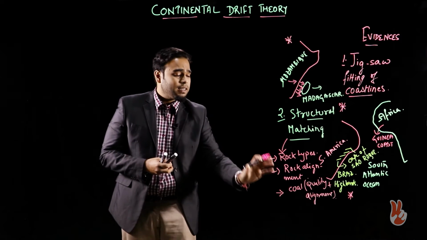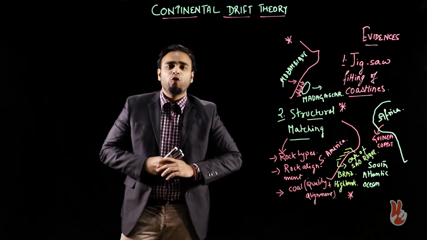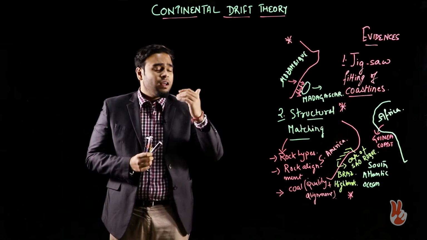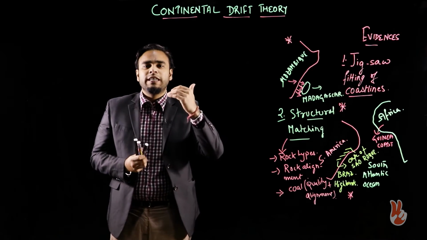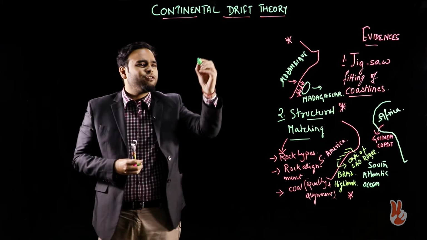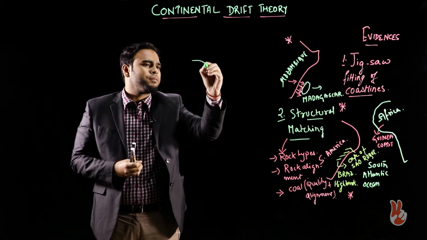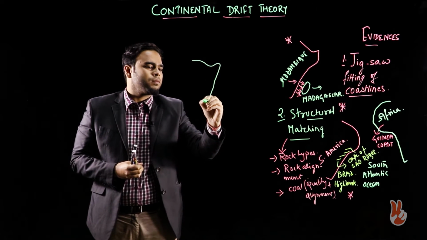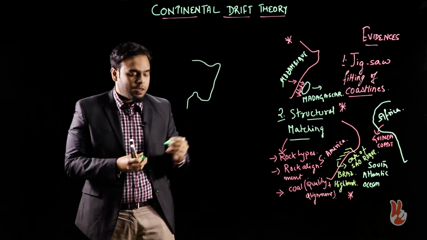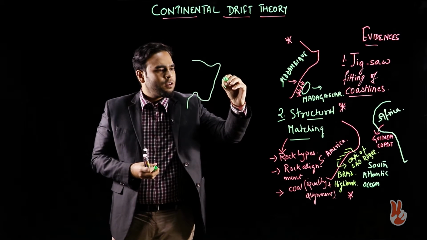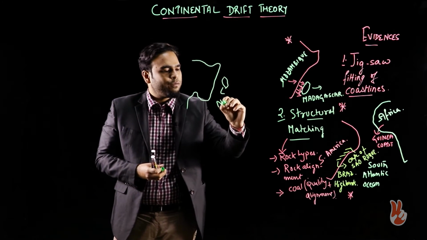Now what is he trying to say here? If you look at the temperate region in the northern hemisphere, here we have the presence of North America. Here we have an island which is called Newfoundland.